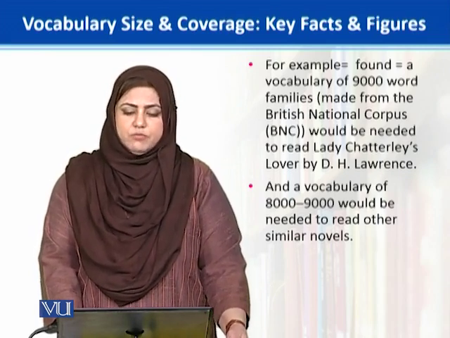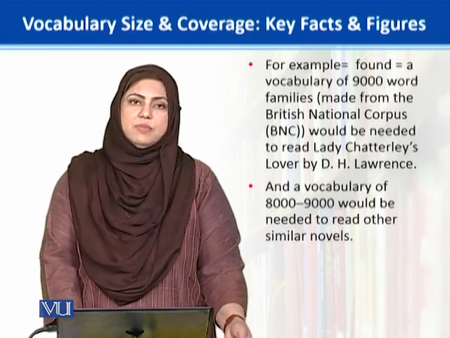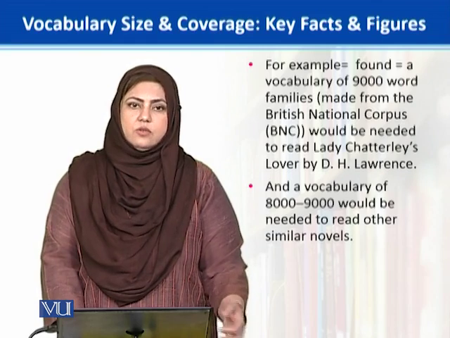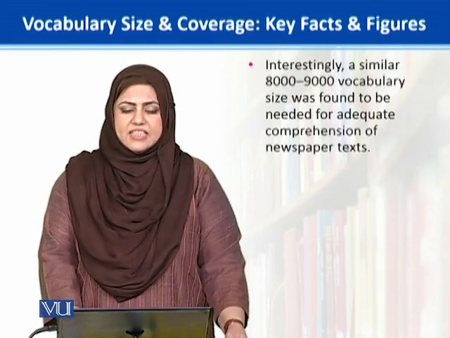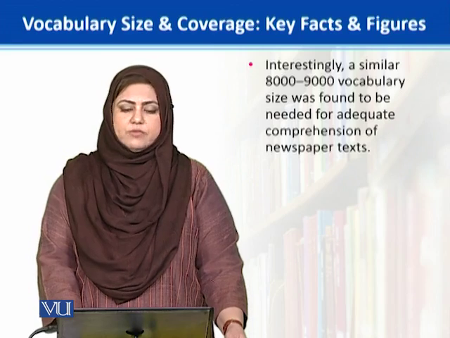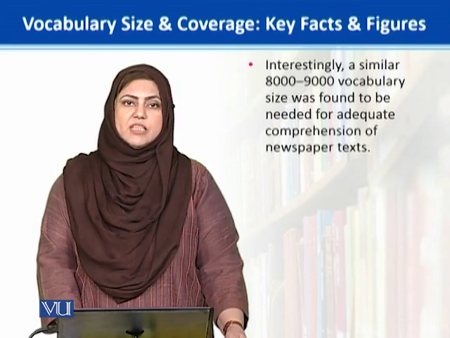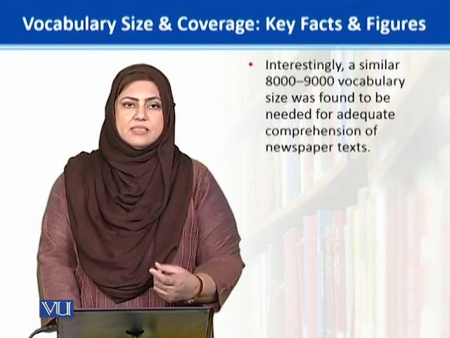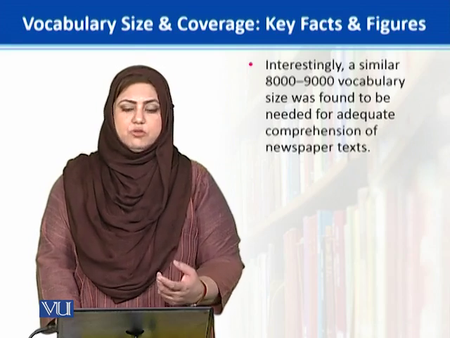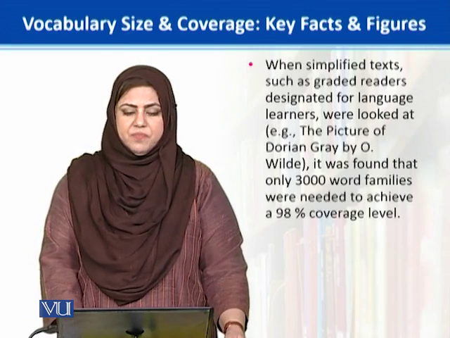And a vocabulary of 8,000 to 9,000 words would be needed to read other similar novels. Interestingly, a similar 8,000 to 9,000 vocabulary size was found to be needed for adequate comprehension of newspapers as well. So, be it a piece of literature or an authentic real-life text like a newspaper, almost the same size of vocabulary is required.